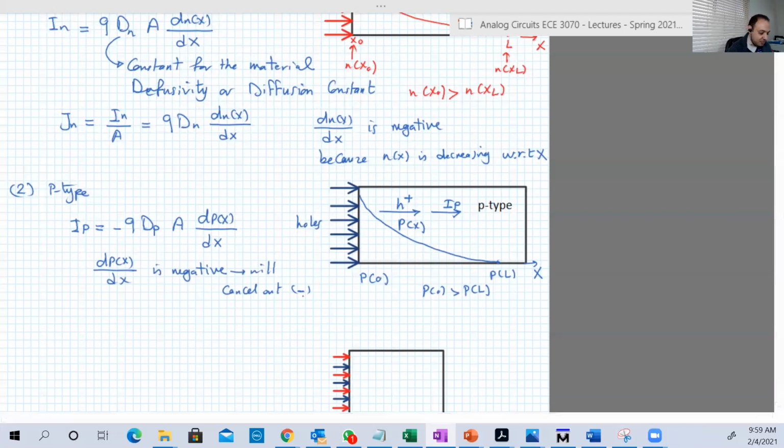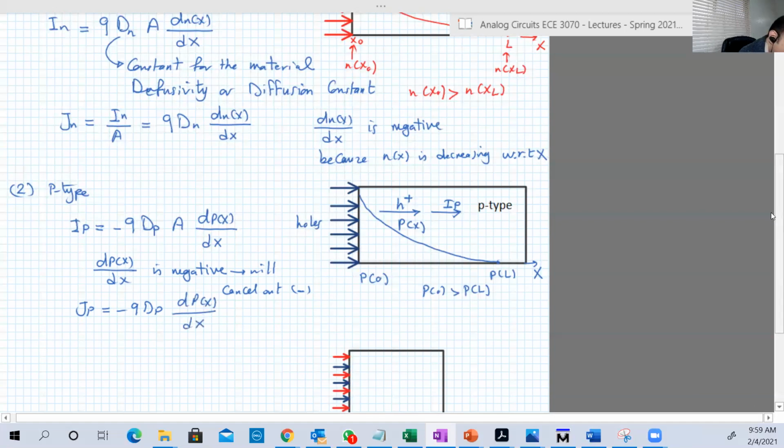So it will be positive at the end. And again we have JB as well. It's equal to minus Q Dp dB of x by dx.